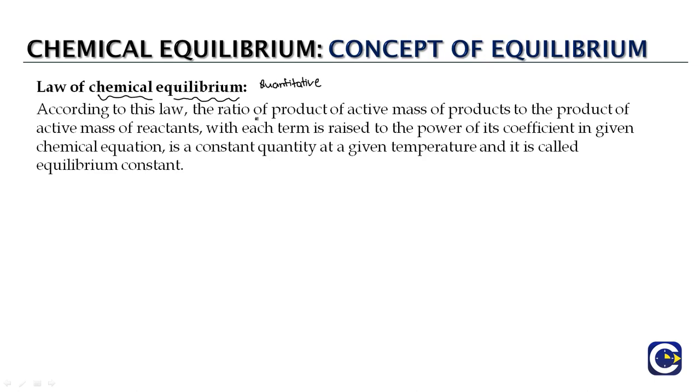According to this law, the ratio of the product of active masses of the products to the product of active masses of the reactants, which means the active mass of the product substances in the numerator and the active mass of the reactant substances in the denominator, with each of these terms raised to the power of its coefficient in the given chemical equation, is a constant quantity at a given temperature.